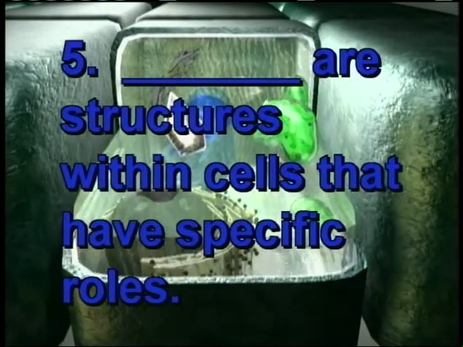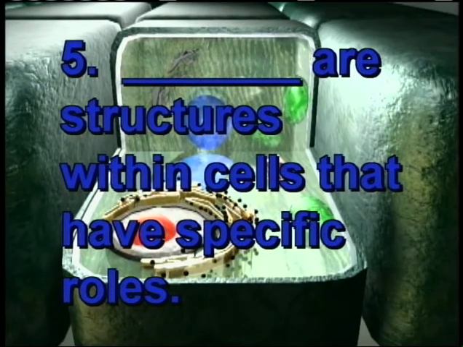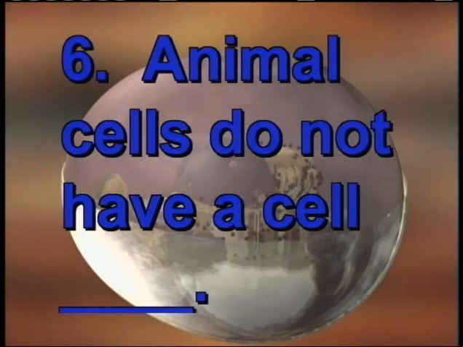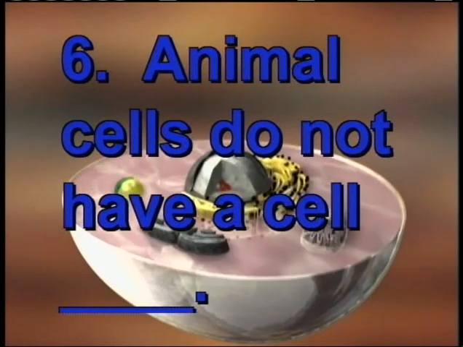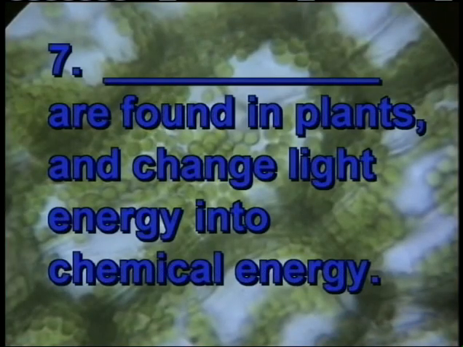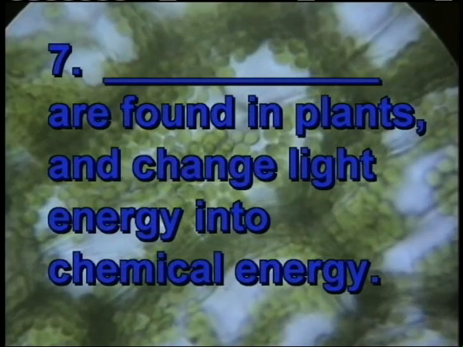Are structures within cells that have specific roles. Number 6. Animal cells do not have a cell... Number 7. Are found in plants and change light energy into chemical energy.